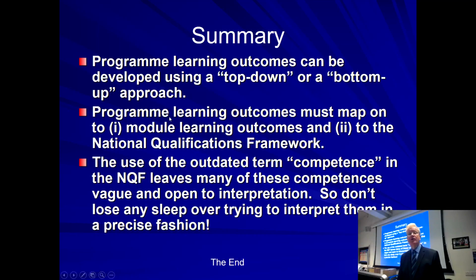And these program learning outcomes must map on to 2 things, the module learning outcomes and the National Qualifications Framework. And it's a pity that this word competence is used in the National Qualifications Framework of Ireland. It's due for a refresh now after almost 20 years. So hopefully they'll get rid of that term and use the responsibility and autonomy term, or performance in the workplace, as with the European Qualifications Framework.